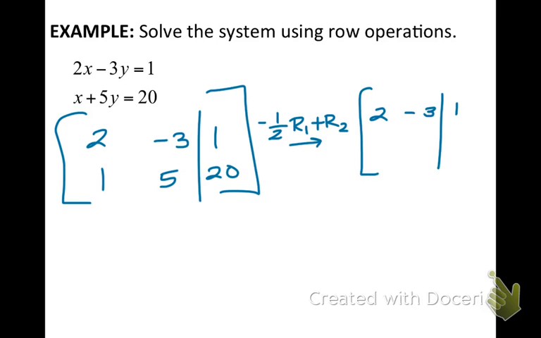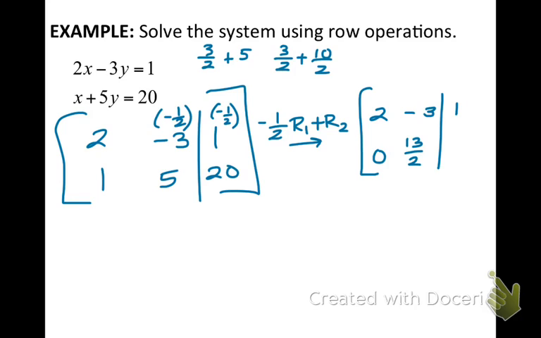So -1/2 of 2 is -1. -1 times 1 is 0. -3 times -1/2, well, that's 3 halves. 3 halves plus 5 is the same as 3 halves plus 10 halves, so 13 halves. -1/2 times 1 is -1/2 plus 20 would be 19.5. 19.5 is an improper. 2 times 19 is 38 plus 1, so 39 halves.